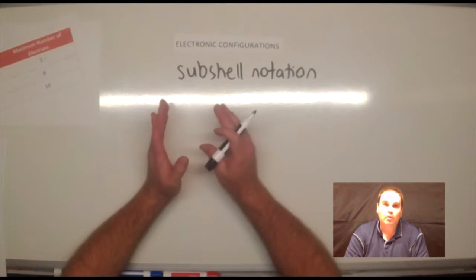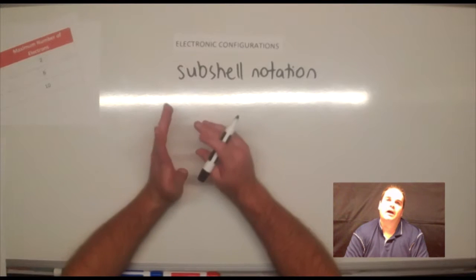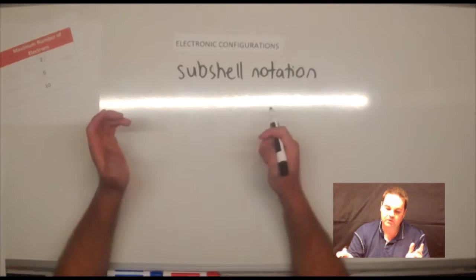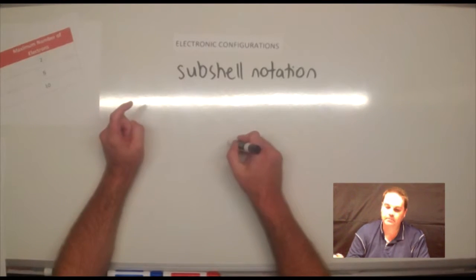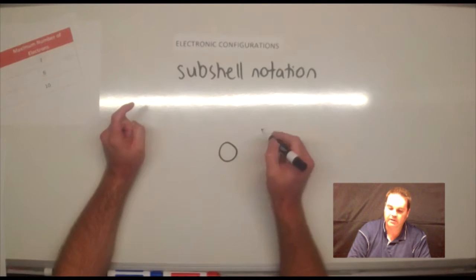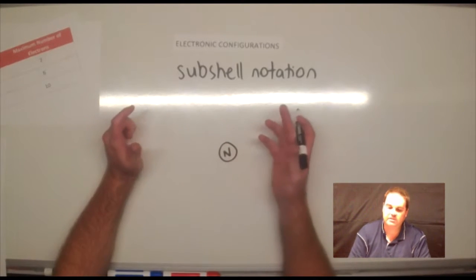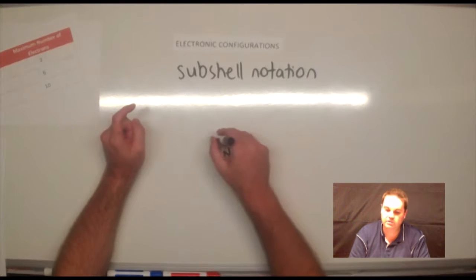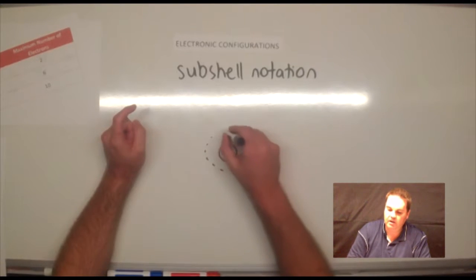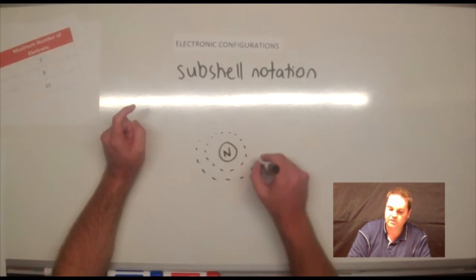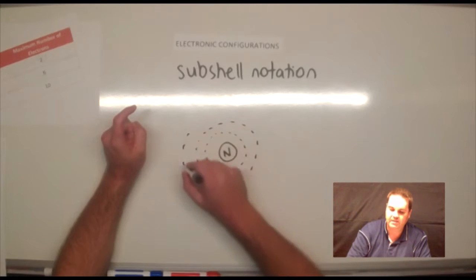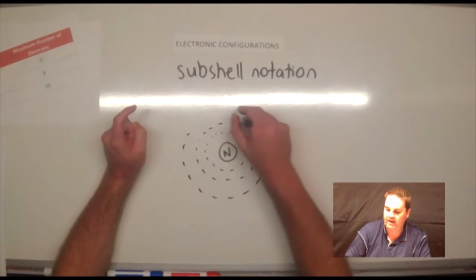Alright, what I'm going to be talking about first is basically where we get this convention from. If you think about a general atom, you've got your nucleus in the middle containing your protons and your neutrons, and then around the outside, you've got these electron shells. This is a very basic idea of an atom.